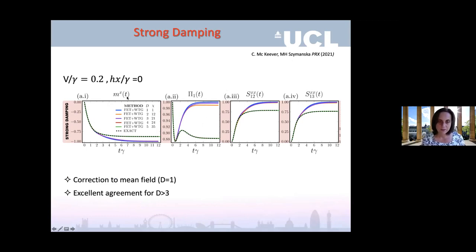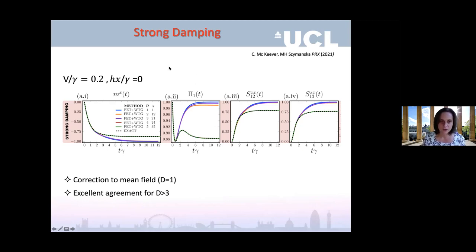We found that the blue is bond dimension 1, so it is equivalent to mean field. The dashed line is an exact solution. So you can see that correlations are very non-mean-field, so the mean field does not describe the system well. But as we increase the bond dimension, we are able to converge to the exact solution.